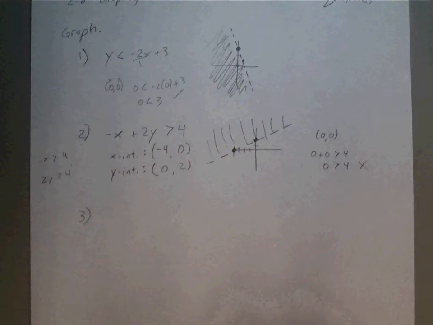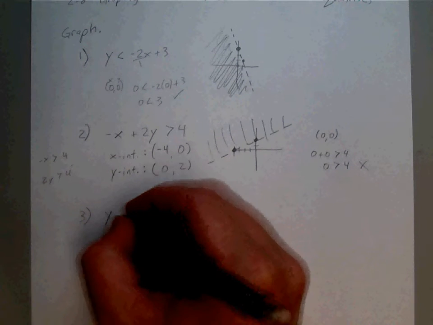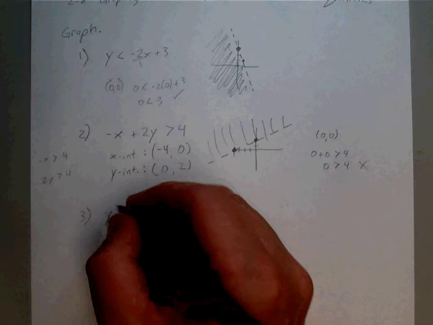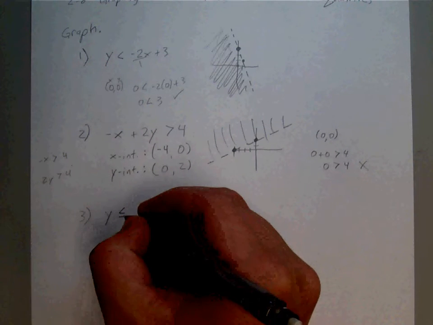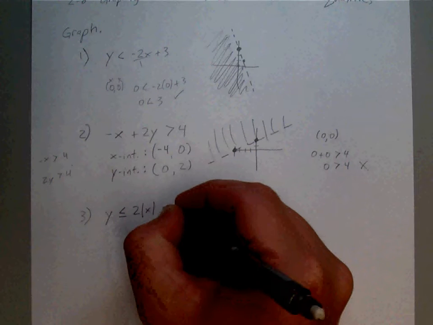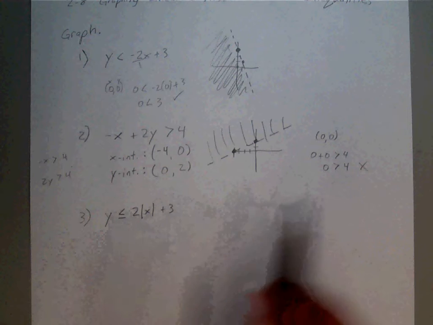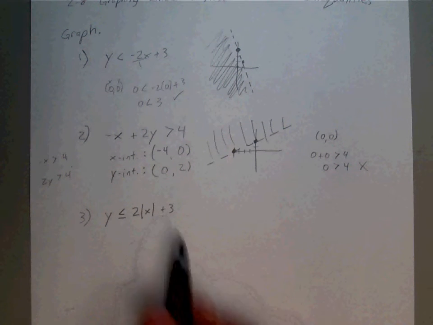We can also do absolute value. We did absolute value in the last section, but now we're doing inequalities. So let's try y is less than or equal to 2 times the absolute value of x plus 3. From our last section, we should recognize that this shifted up 3.